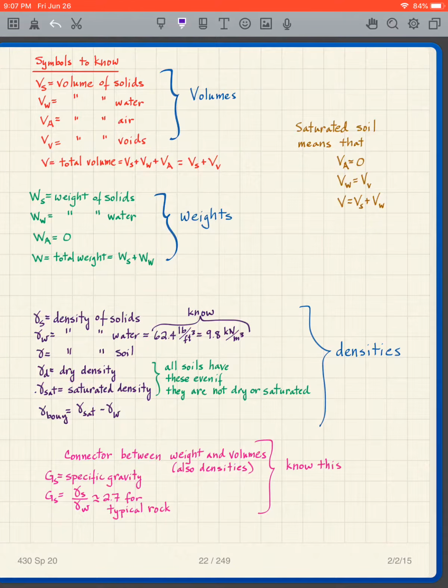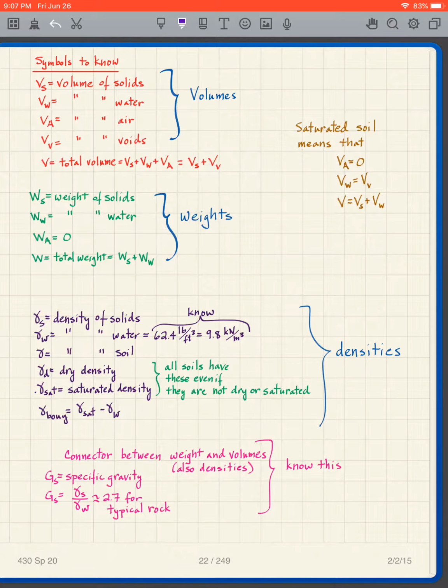Well, your typical average everyday rock, it's not true for all rocks, but for your average rock, the density is about 2.7 to 3 times the density of water.